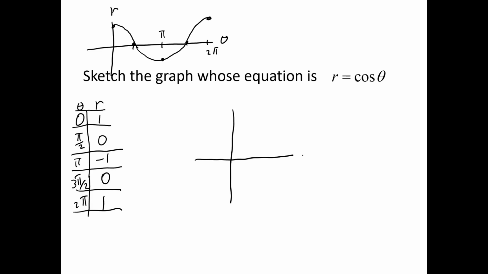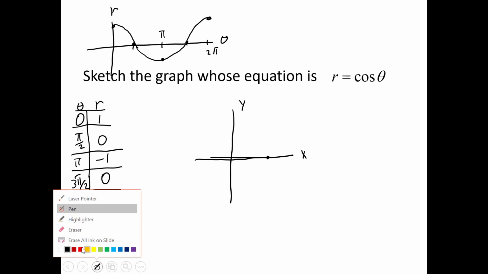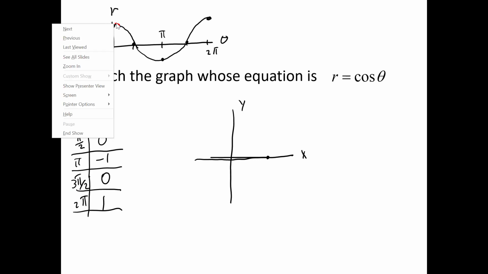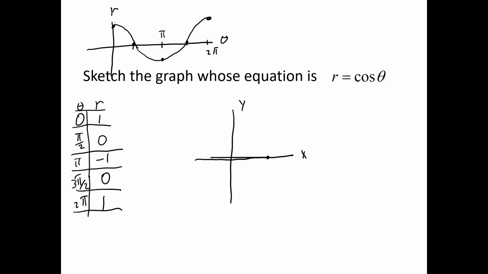This is a polar curve that's graphed in the xy plane. When my angle is 0, my r value is 1, so we start out here. Now, as my angle rotates from 0 to pi over 2, you can see that your r value starts at a maximum of 1 and comes down to an r value of 0.